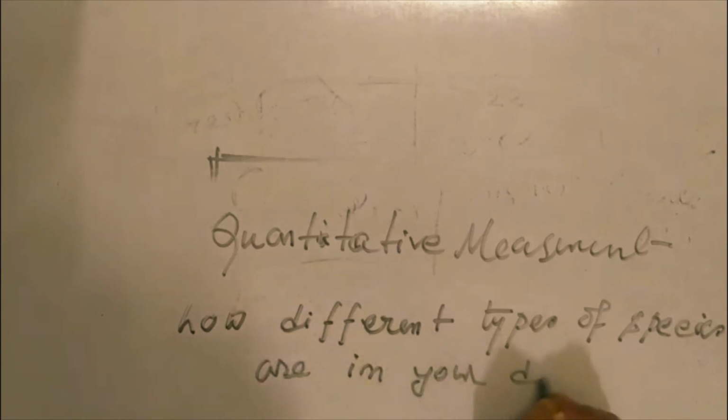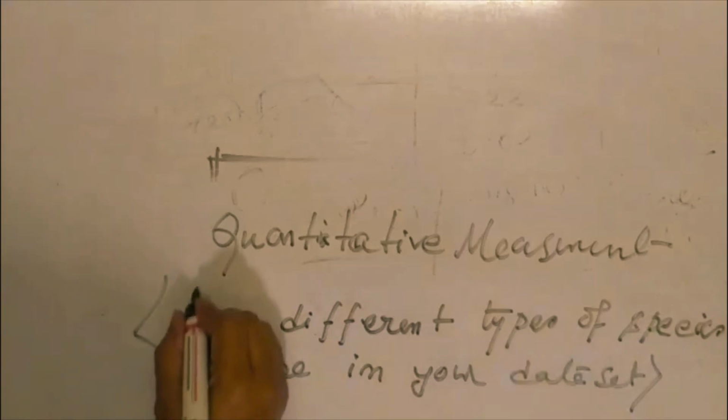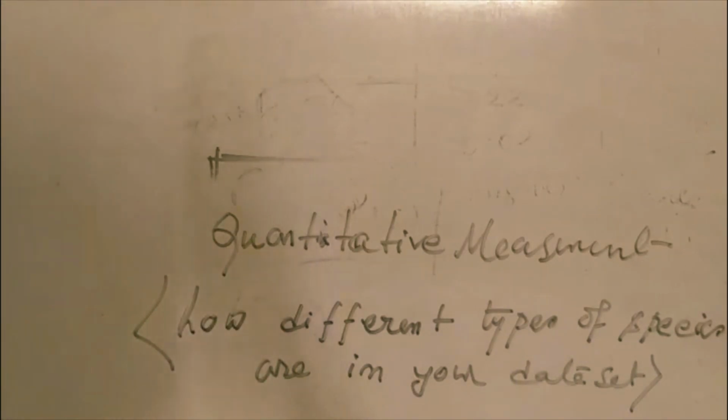Okay, this is the basic principle of the Shannon index: how many different types of species are in your data set.